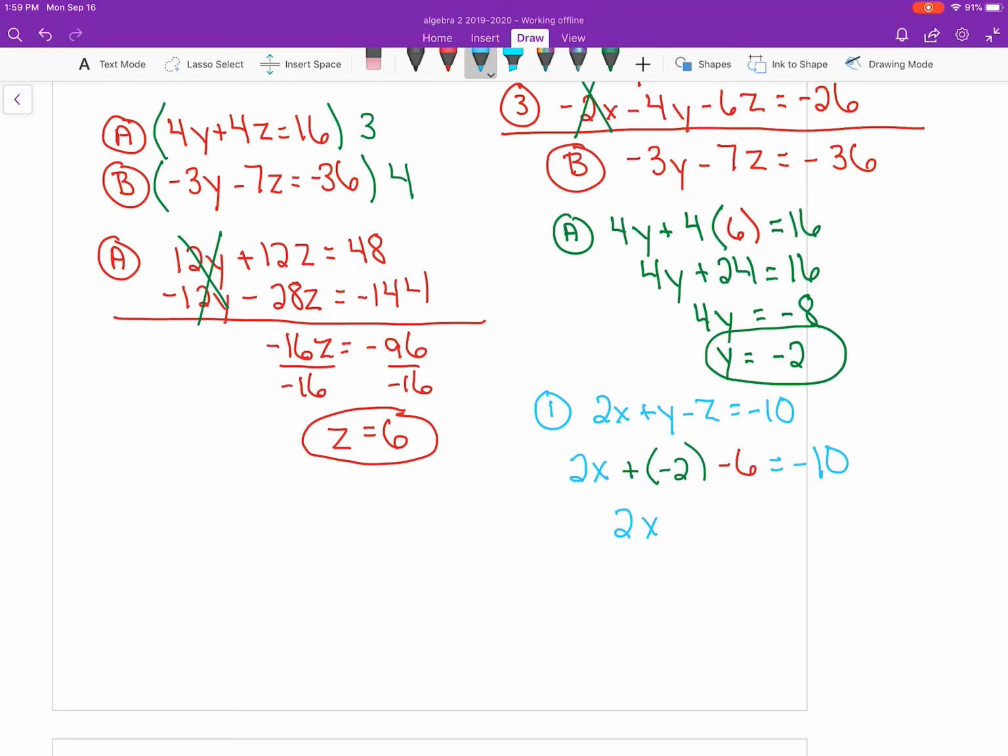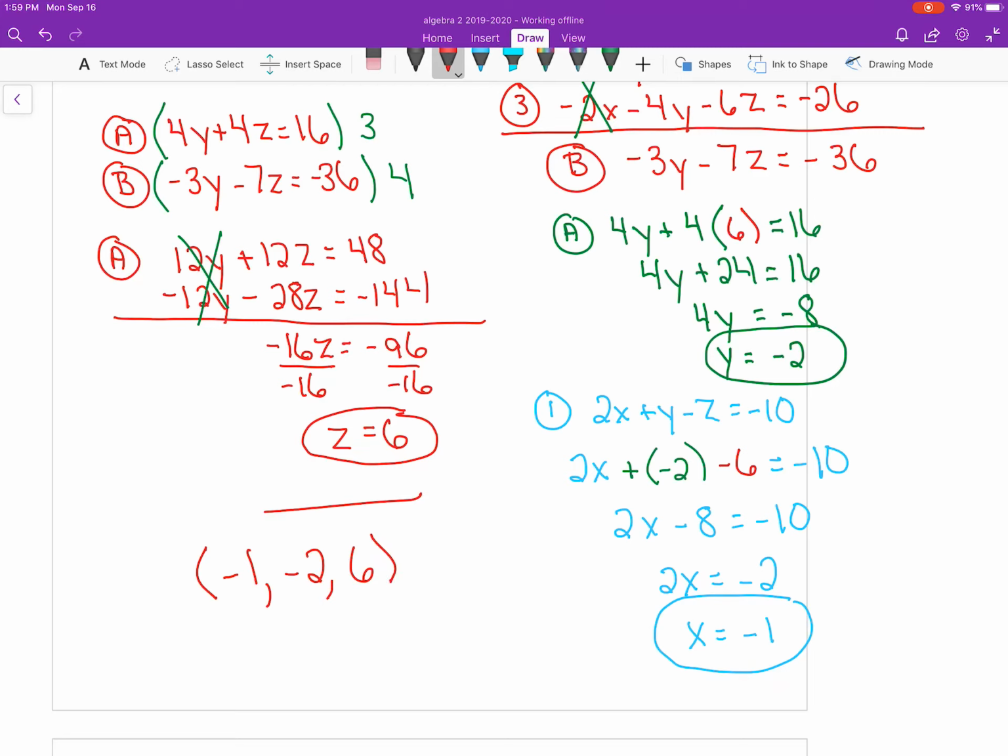So I end up with 2x minus 8 equals negative 10, or 2x equals negative 2, and x equals negative 1. I have now found every single part of my solution, which is a triple. So negative 1, negative 2, and 6 is the answer.